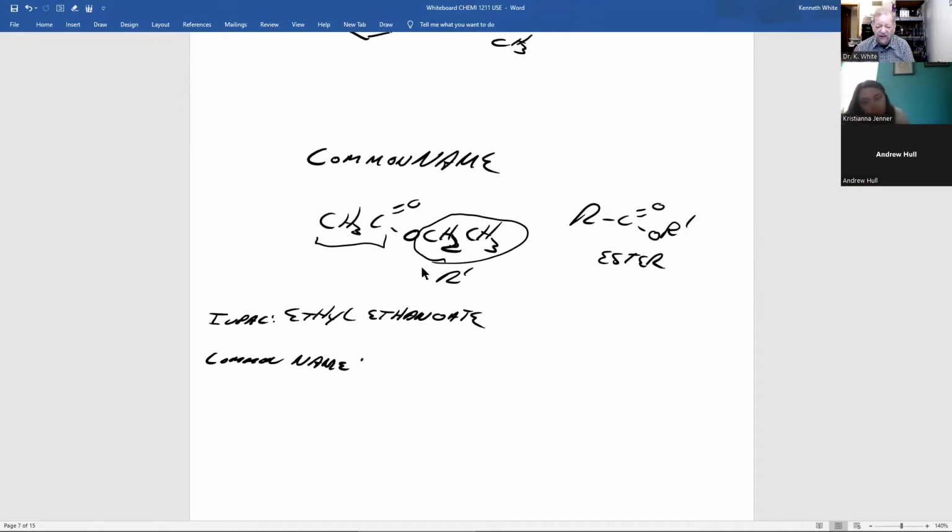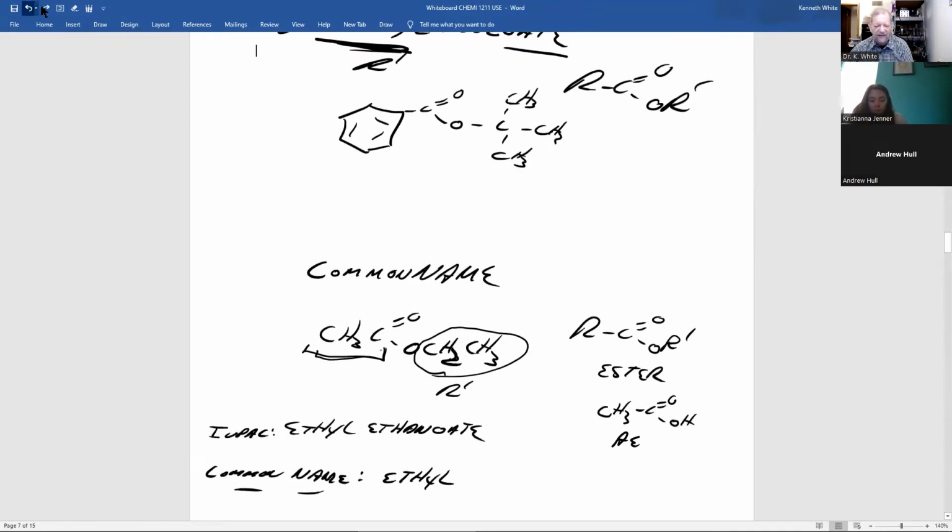And the R group, just like before, is ethyl. Now, normally at this time, you would say, what's the carboxylic acid you would use to make that? And if R prime were a hydrogen, it would be this carboxylic acid. But the common name uses the common name of this carboxylic acid, if I can write it properly, which is acetic acid.